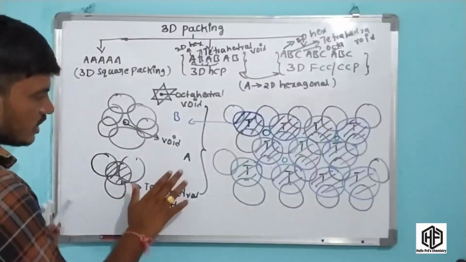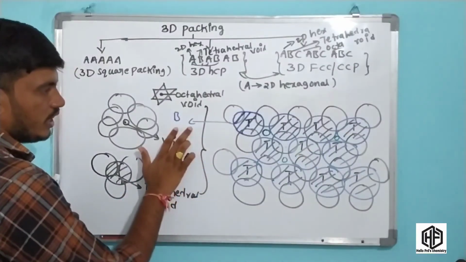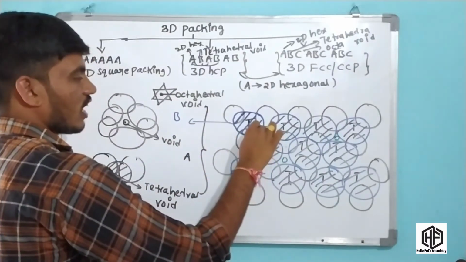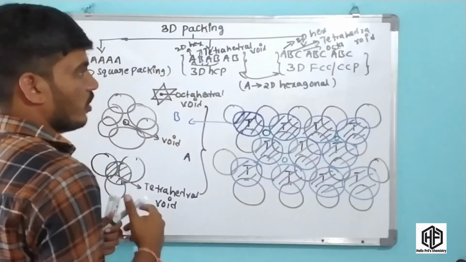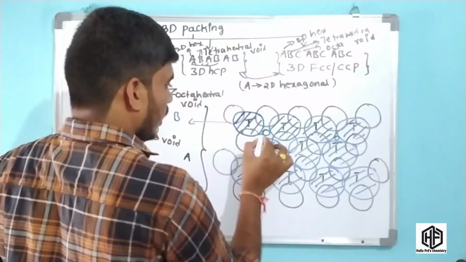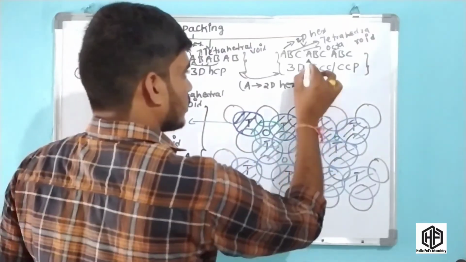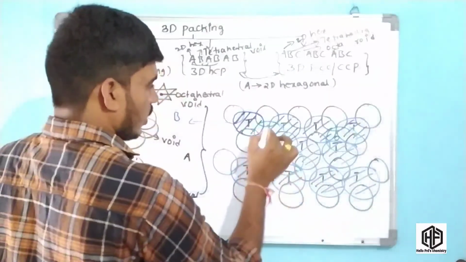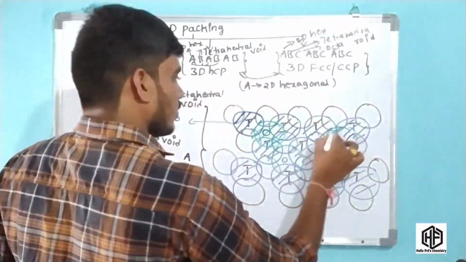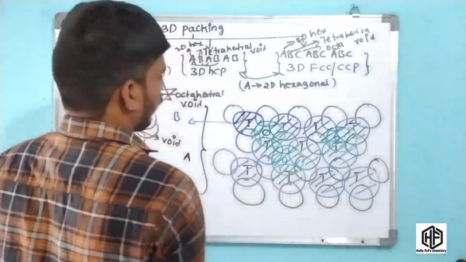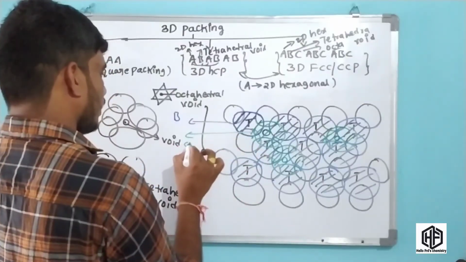Here this is the A type of layer, this is the B type of layer, and the octahedral void is present between them. This octahedral void is covered by the C type of layer. The C type of layer is represented by this green color.